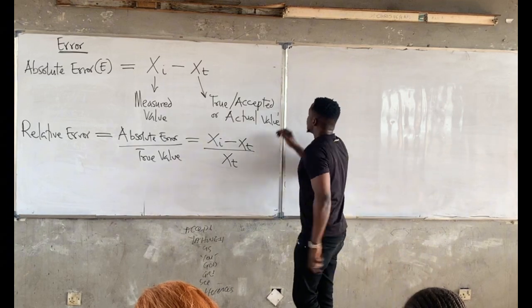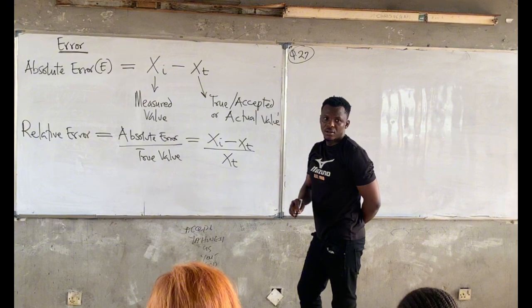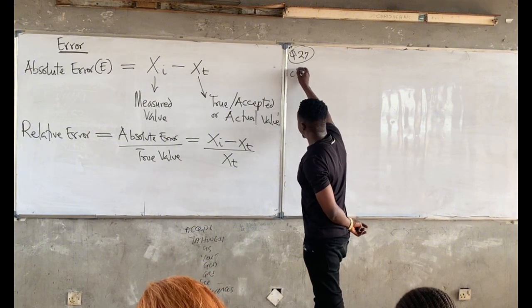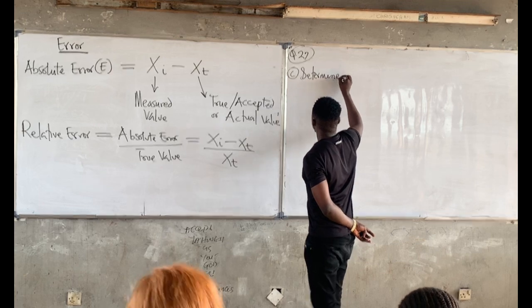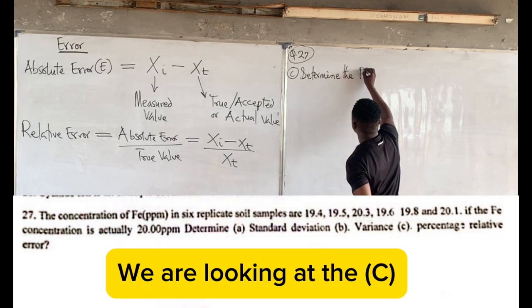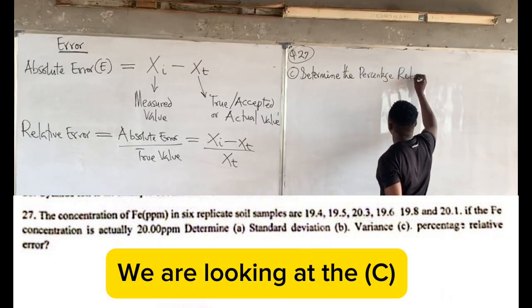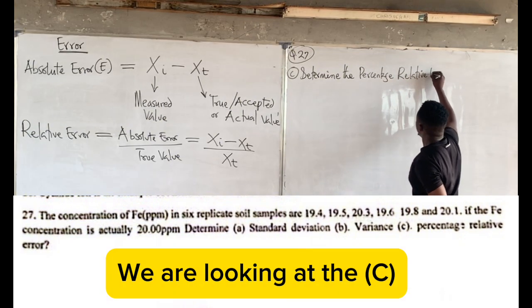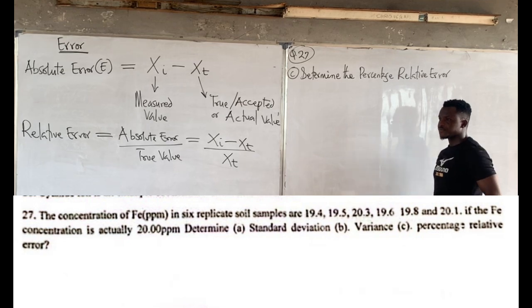Class, that question number 27 from last year, question C was: determine the percentage relative error.